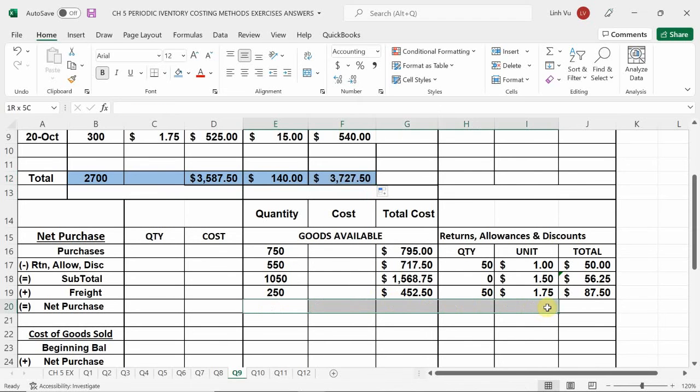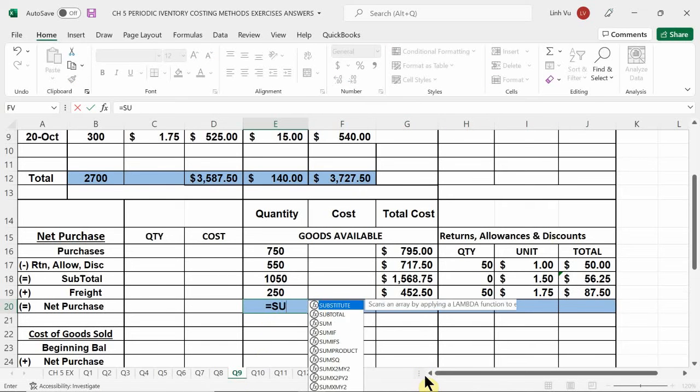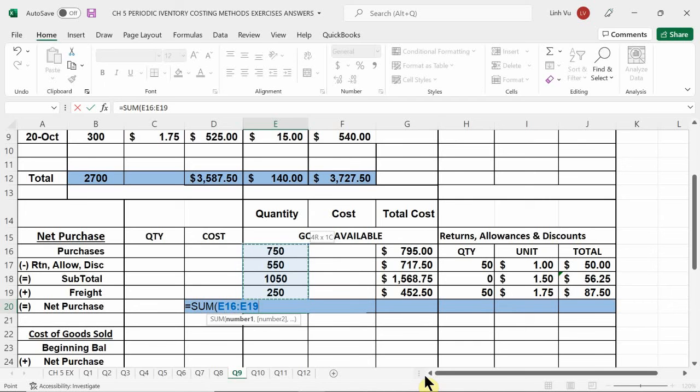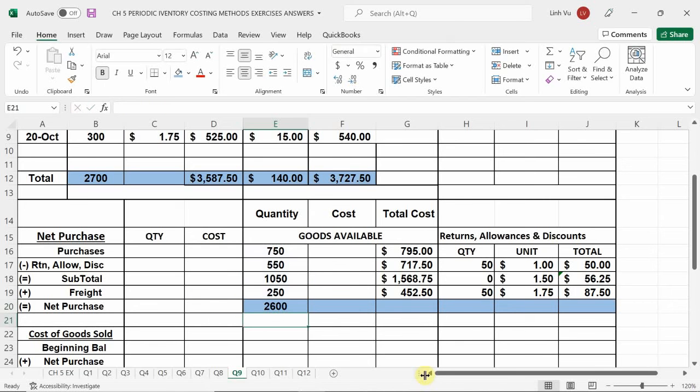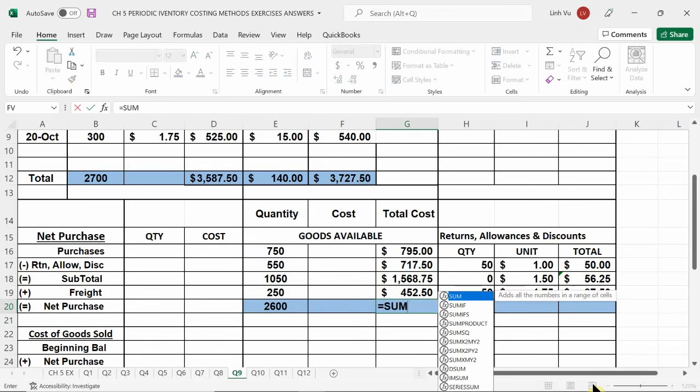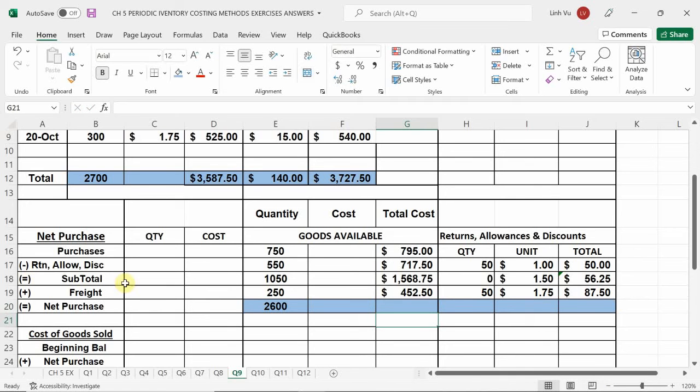I should also calculate my goods available as well as my returns and allowances. So in this case, what was my total goods available? 2,600 at a grand total cost of $3,533.75.